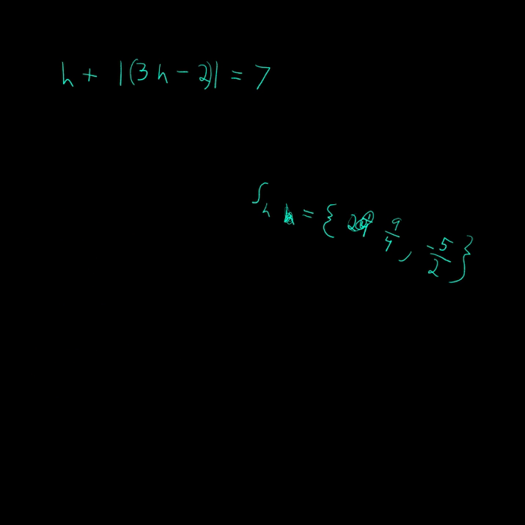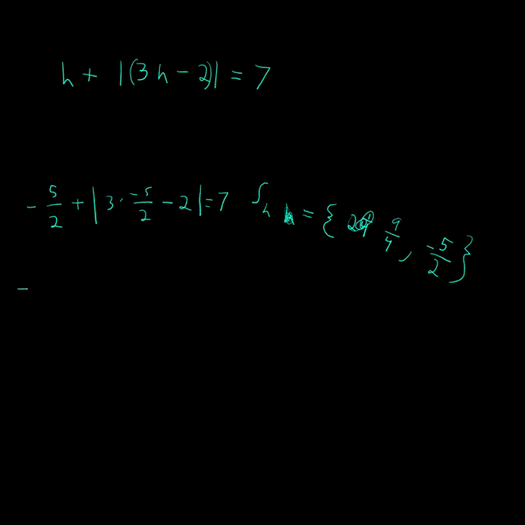Let me bring this out. Okay, so negative 5 over 2 plus the absolute value of 3 times negative 5 over 2 minus 2 equals 7.